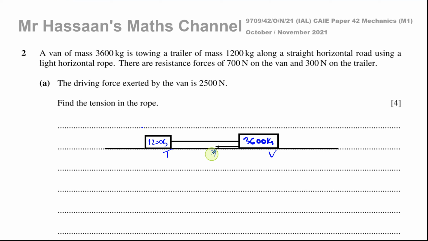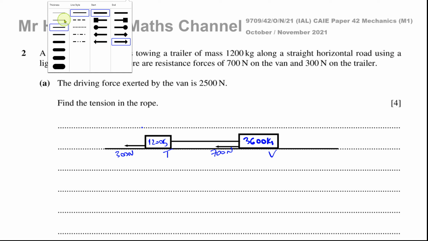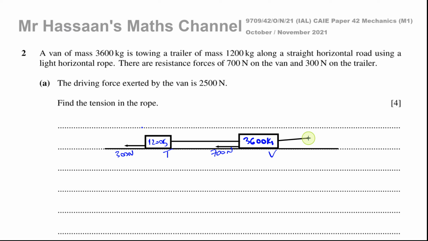And on the trailer, there are resistance forces of 300 newtons. The driving force that is pulling the van is 2,500 newtons.